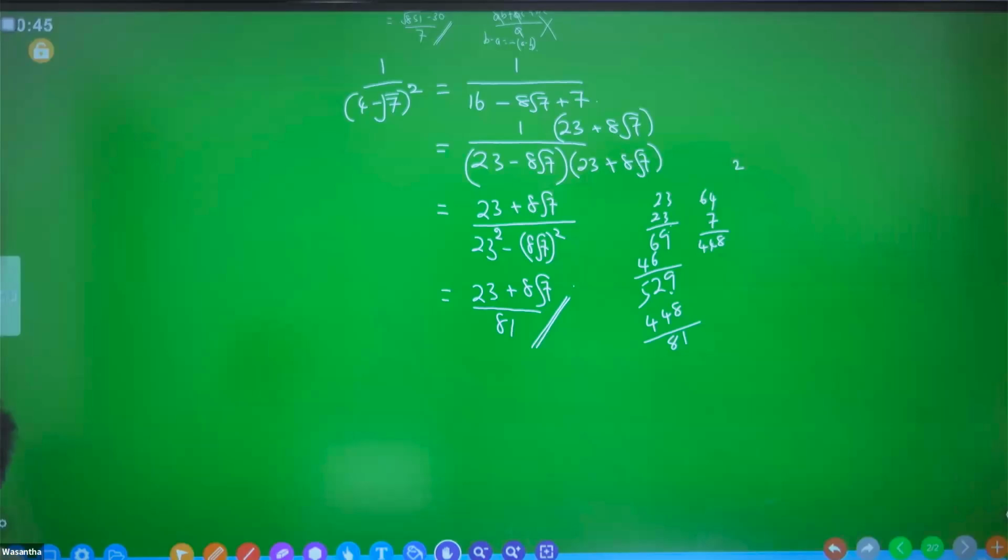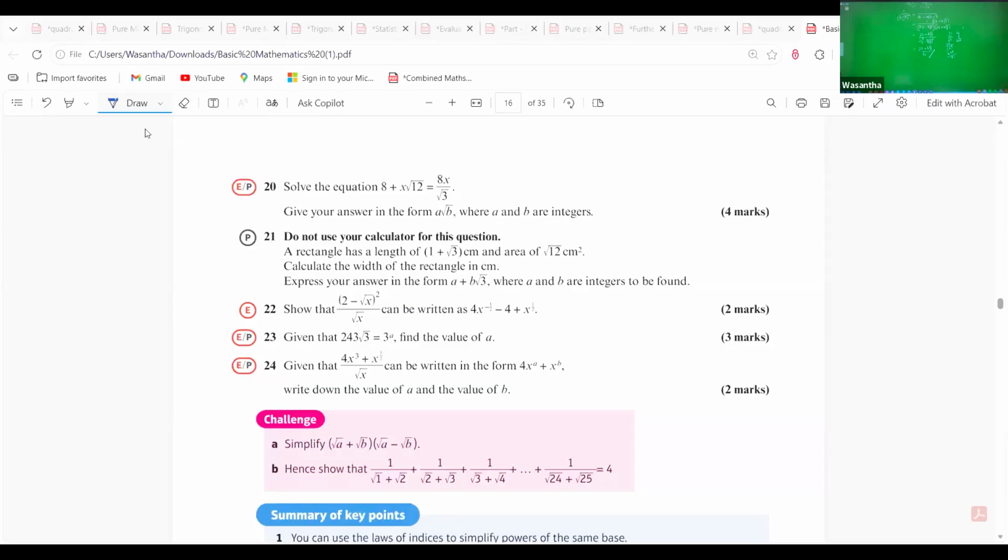Now we can go for a simple application, and there's another challenging question also. It's a very nice question. After copying this one, let's go for this 20th question.